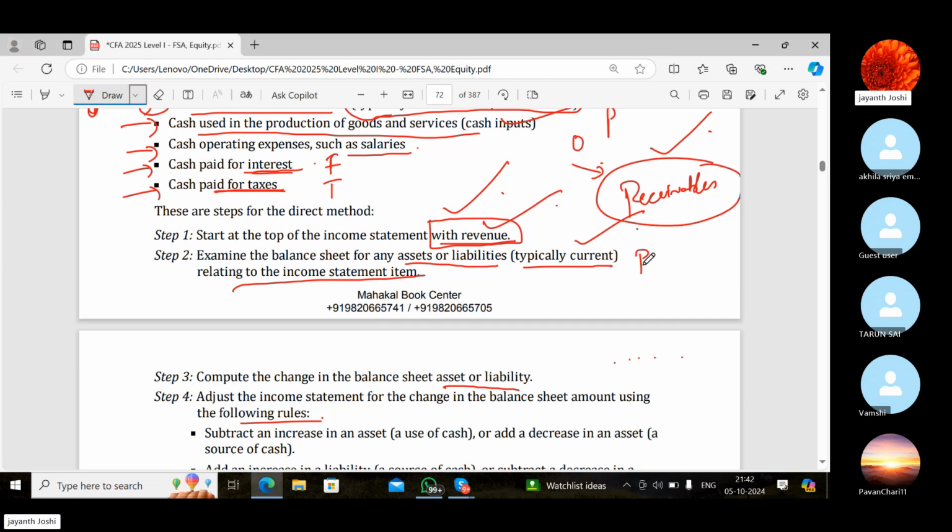For example, revenue can be of two types: cash revenue and credit revenue. That means credit sales. The credit sales in the balance sheet will be written as receivables. Hence, receivables is connected with revenue, which is one of the income statement items. In the same way, purchases are related to payables.